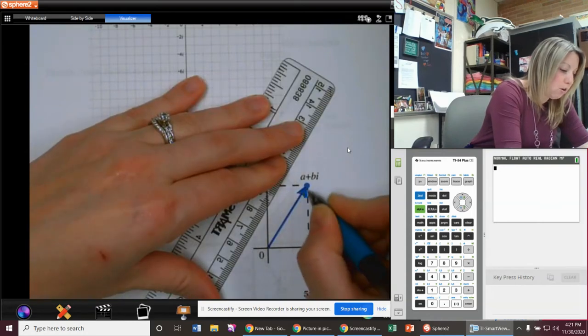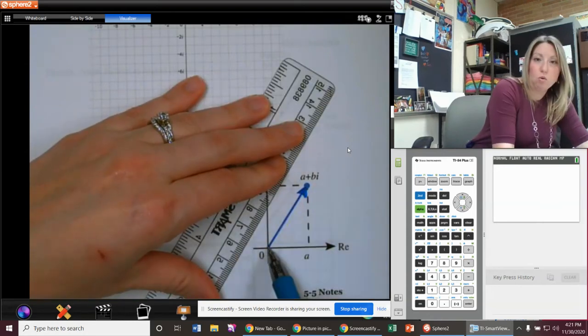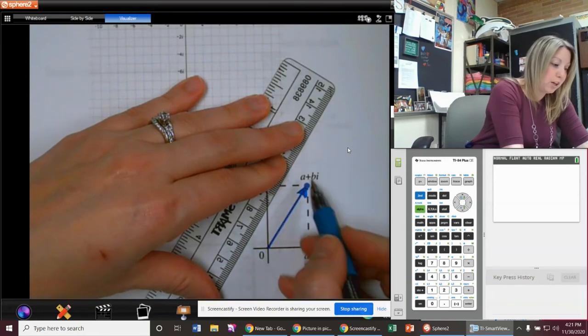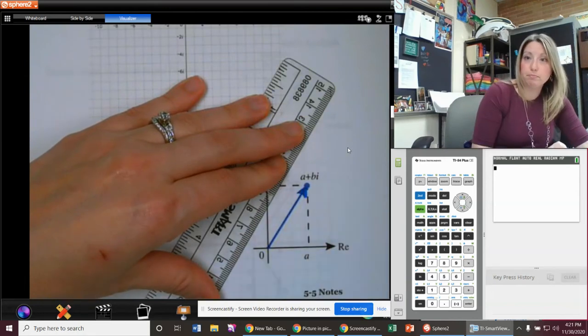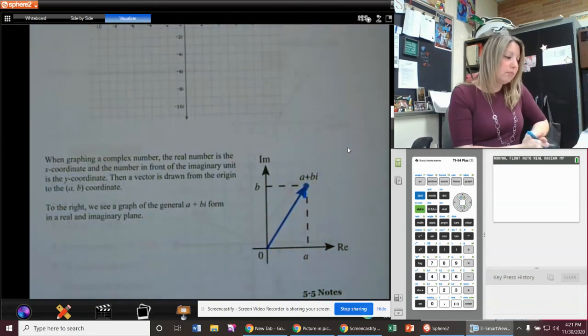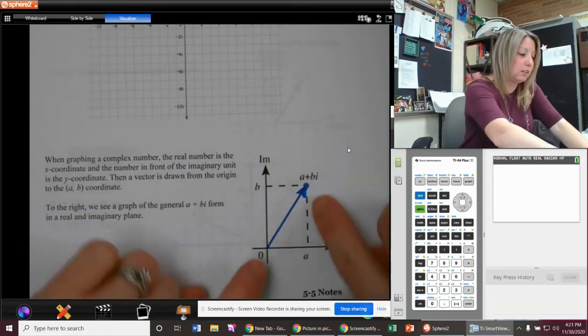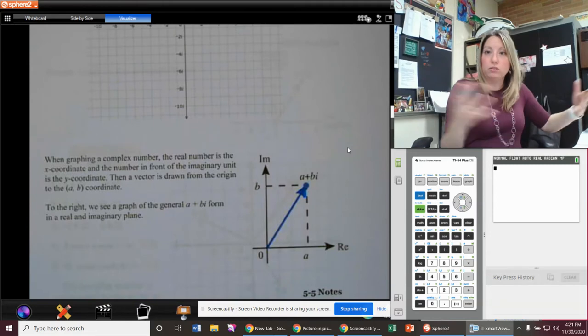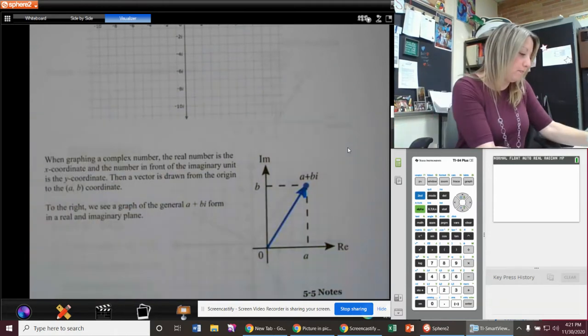You create what's called a vector, or ray, from the origin out to that point. And then you label it in A plus BI form. This is a distance from the origin, and that's why tomorrow we'll look at that as a distance.